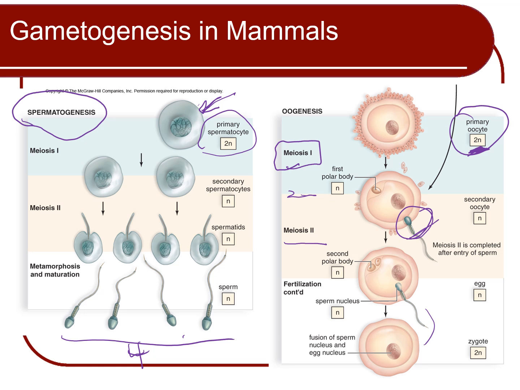The other big difference in female egg production is that they don't form 4 haploid daughter cells. During meiosis 1, only one big cell is formed, and the other cell is not given all the good stuff, the cytoplasm and mitochondria, so it just disintegrates. It's called a polar body.